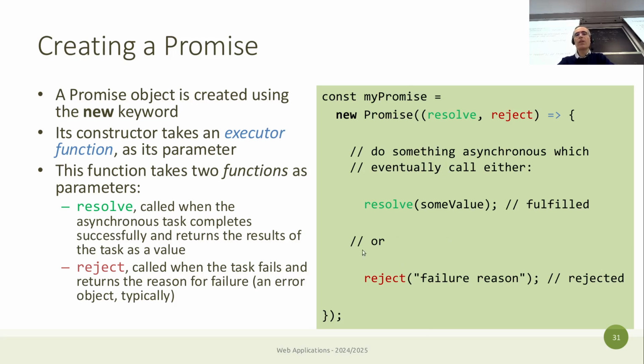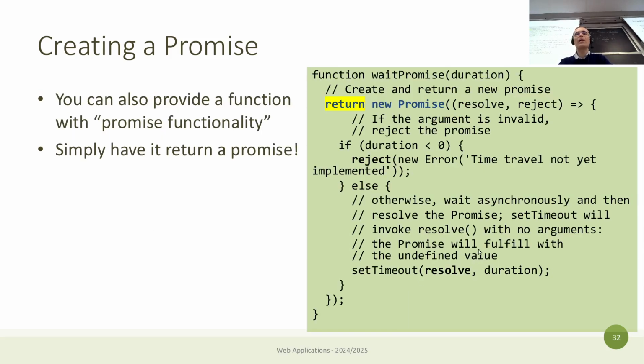Of course this code is useless because you cannot call both resolve and reject. We need to see a more practical example like this. So, return new Promise with resolve and reject, where we call reject in case some parameters or variables that we use to perform the operation have an invalid value.